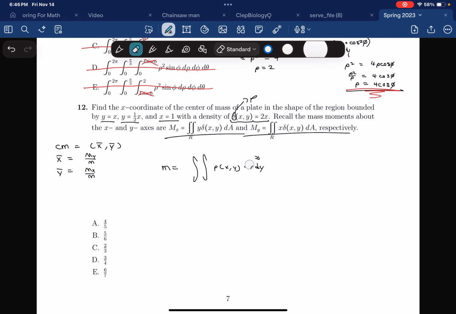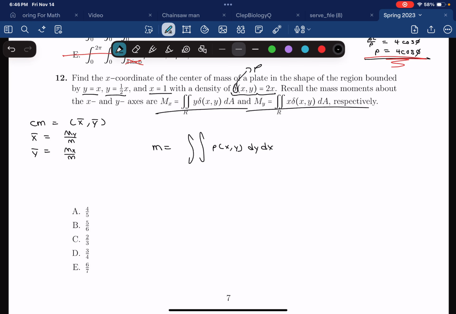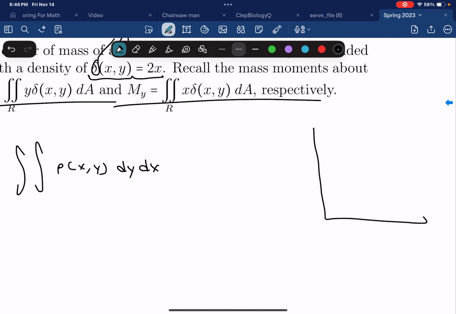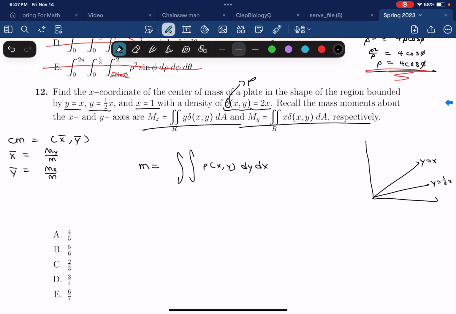In this case, I think I'm going to use dy dx probably. And in that case, if we draw this graph, it goes from y equals x and y equals 1/2 x, and then we got x equals 1, so it runs in this little area right here.